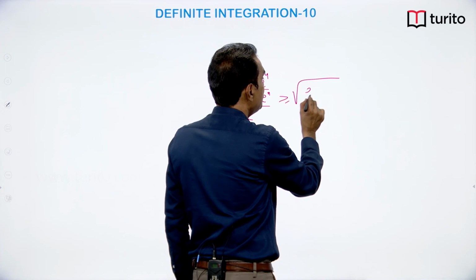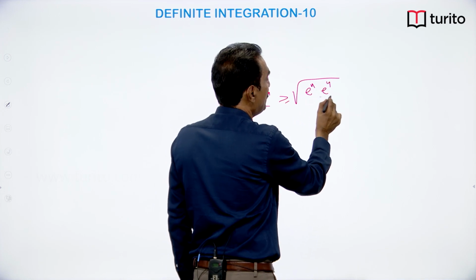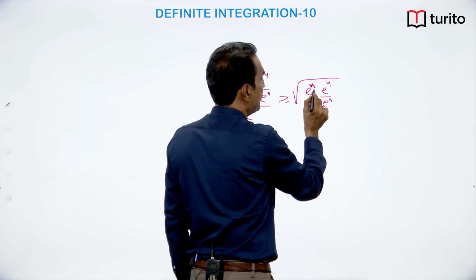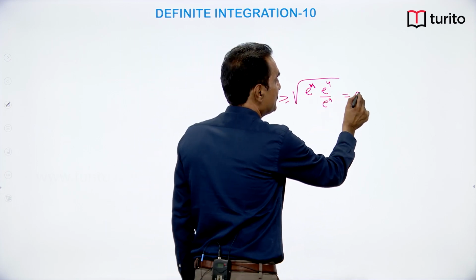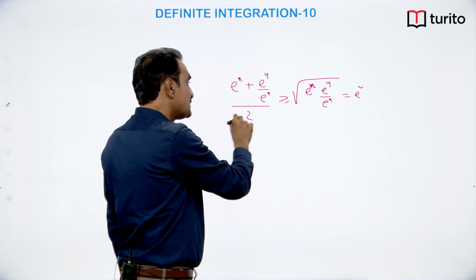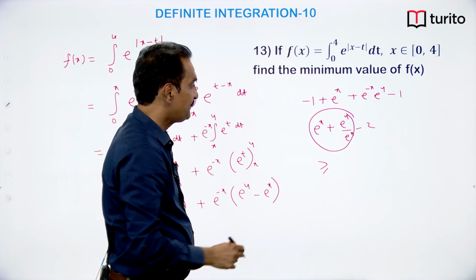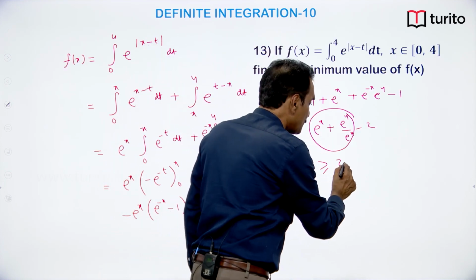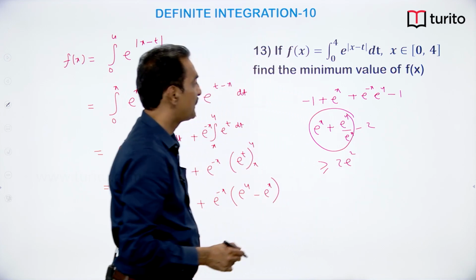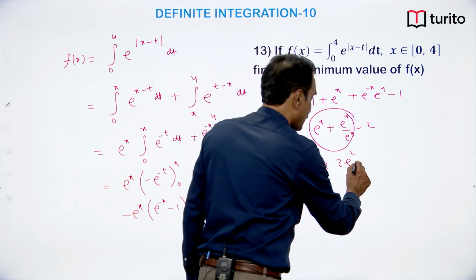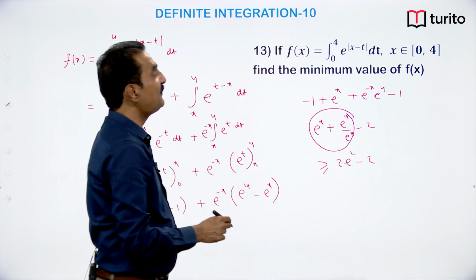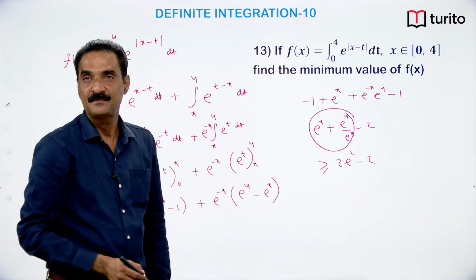Square root of e power x into e power 4 by e power x. What is it? E square. So, cross multiplying by 2, we get this is greater than or equal to 2e square, is it not? Minus 2. So, that is the minimum value of f of x.